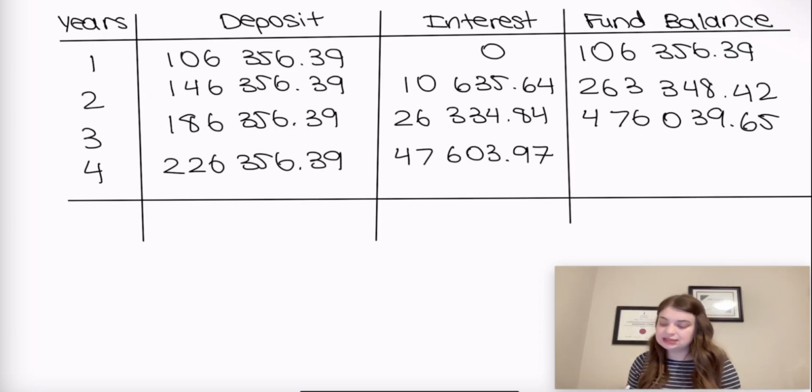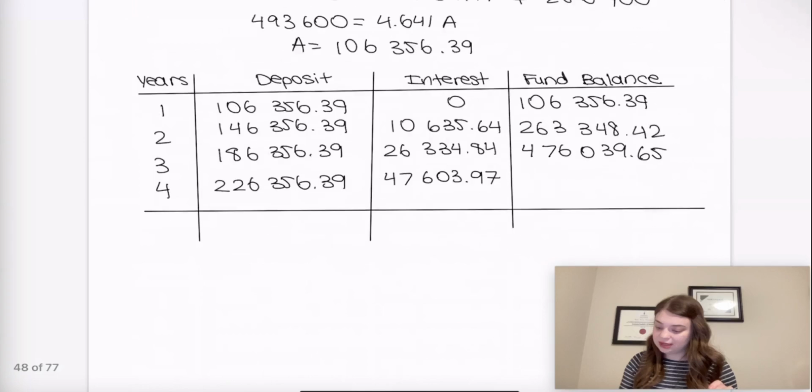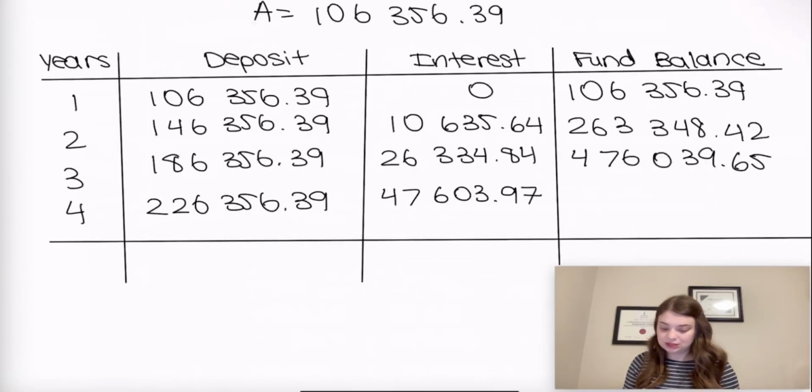And here we're expecting to get a number that is very, very close to the number we had in the beginning, that $750,000 number. If we get something that's way off from that, then that means we have likely made a mistake somewhere. If we get something that's a few cents off, especially when we're talking about a $750,000 thing here, if we get something that's under $1 off, it's probably just due to some rounding errors somewhere.